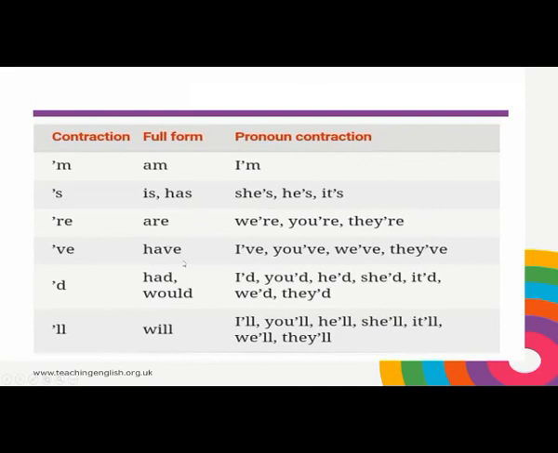Full form have, so the contraction is apostrophe ve. So pronounce contractions like I've, you've, we've, and they've. Had and would: this is the full form. And if you want to make a contraction, we will put apostrophe d like this.